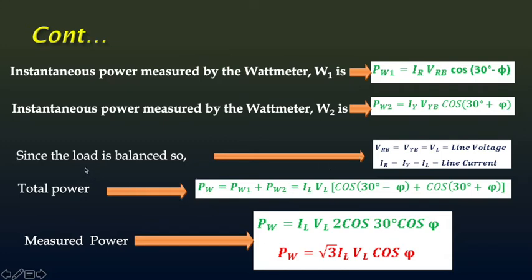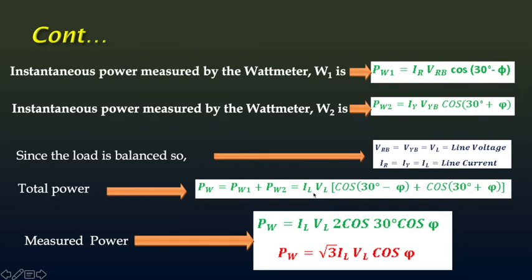Then for the balanced load condition, the line voltage VRB equals VYB, and the line current IR equals IY equals IL. So the total power is PW equal to PW1 plus PW2. In the summation of these two parts, IL and VL are common. Then cos of 30 minus phi plus cos of 30 plus phi.